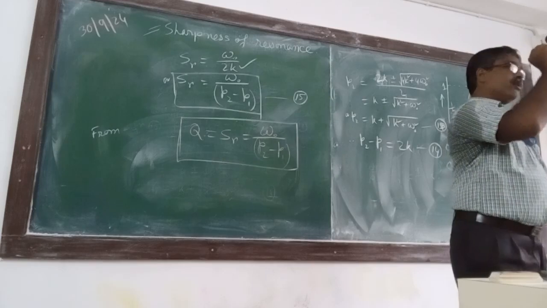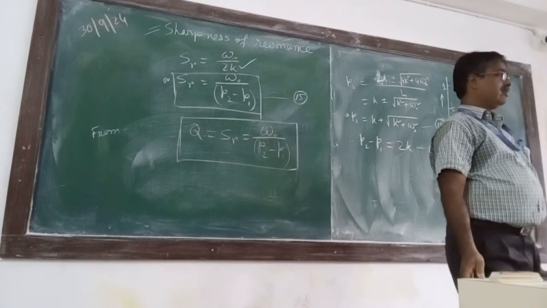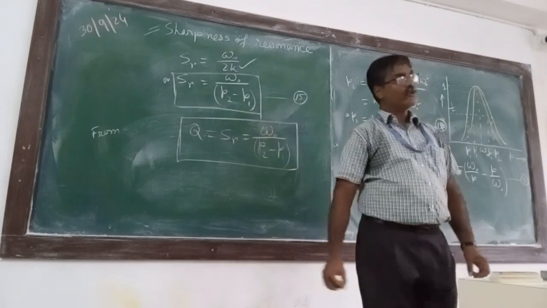We get the sound, but with some noise. And that is called the bandwidth. And this is the sharpness of resonance.